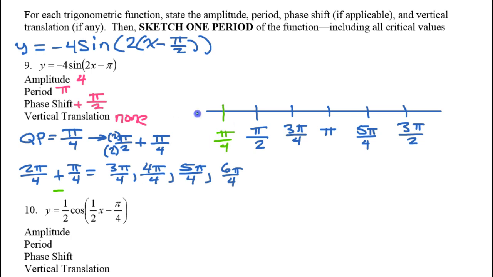Now I need to keep going until I get to a negative number, so I'm going to go another mark over. Okay, stretch that out a little bit. Obviously if I subtract pi over 4 again, that'll be 0.